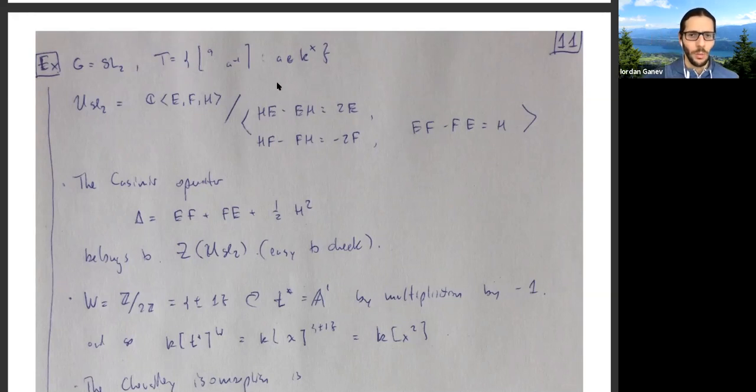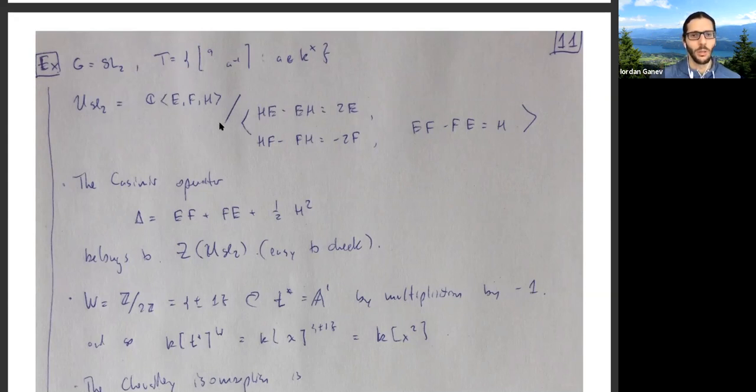And the universal enveloping algebra, I mentioned these relations before. Maybe you didn't get a chance to really digest this. That's okay, I hope I can still communicate some of these results to you. So it's the free algebra generated by 3 elements, because SL2 as a Lie algebra is 3-dimensional.